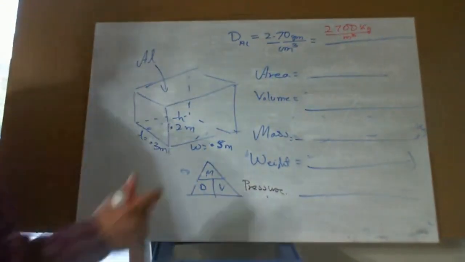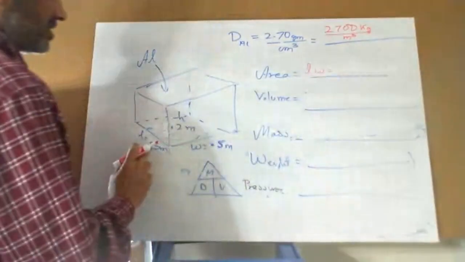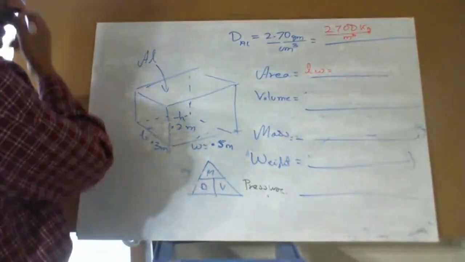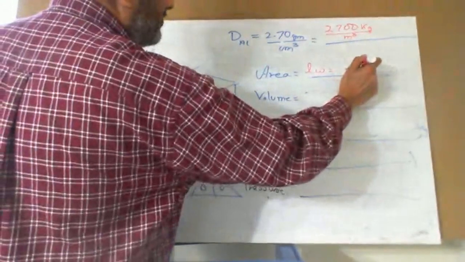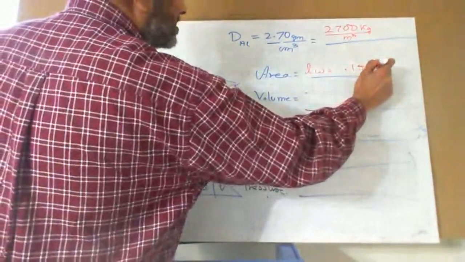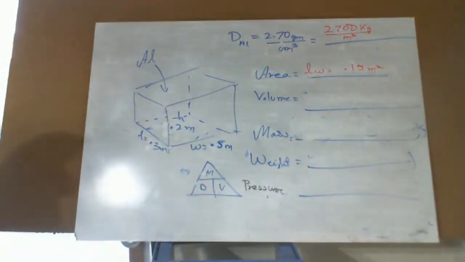Area, which is the length times the width, which is 0.3 times 0.5, which would be 0.15 square meters. Make sure you put the correct units, all right? I sometimes take off points for that.